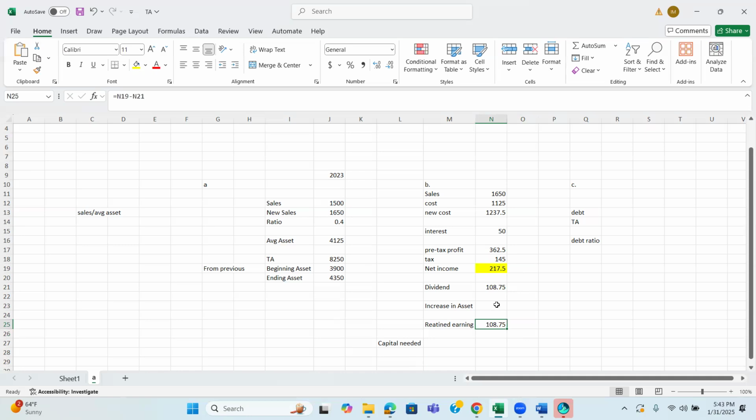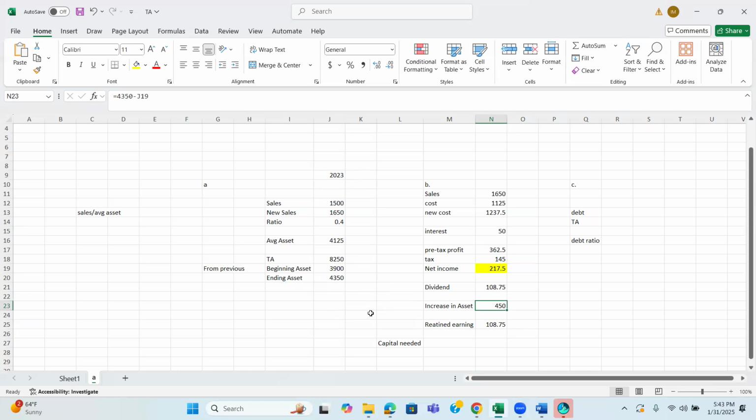You have the earnings on hand now, 108.75. But what is the increase in asset? So we have to find the increase in asset. Our ending asset was 4350, right, for the year 2023, and our beginning asset was 3900. Thus, this year, the asset increased by 450, right?